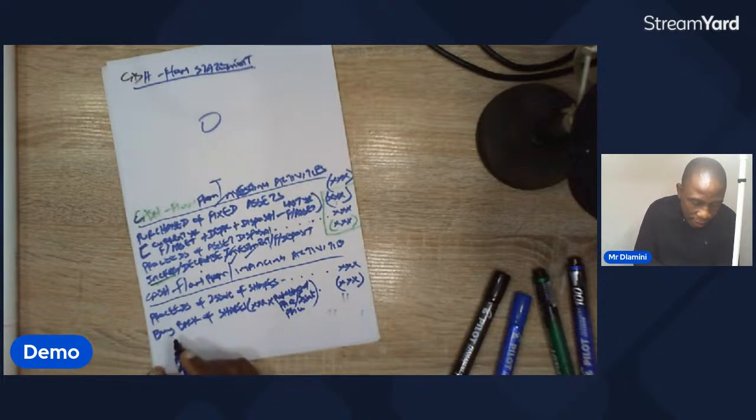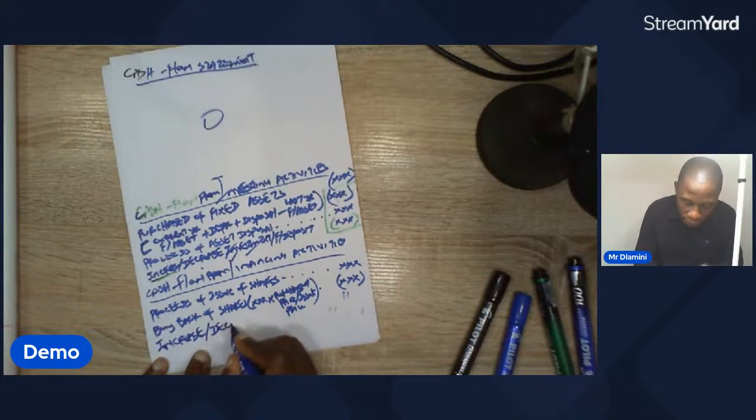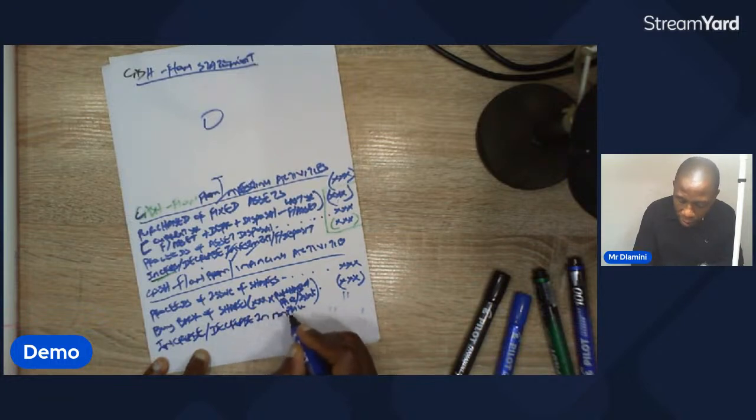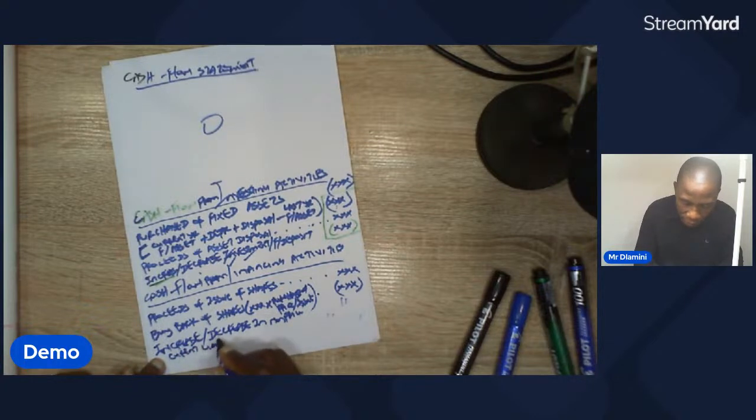And then you are checking for an increase or decrease in non-current liability.